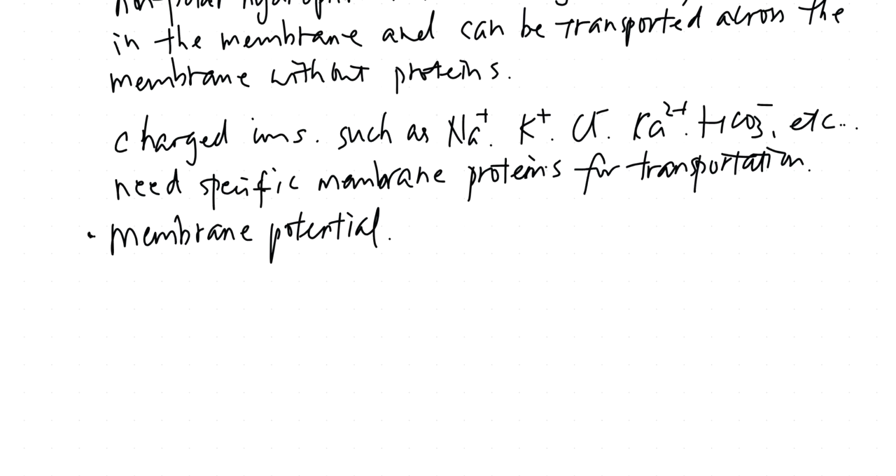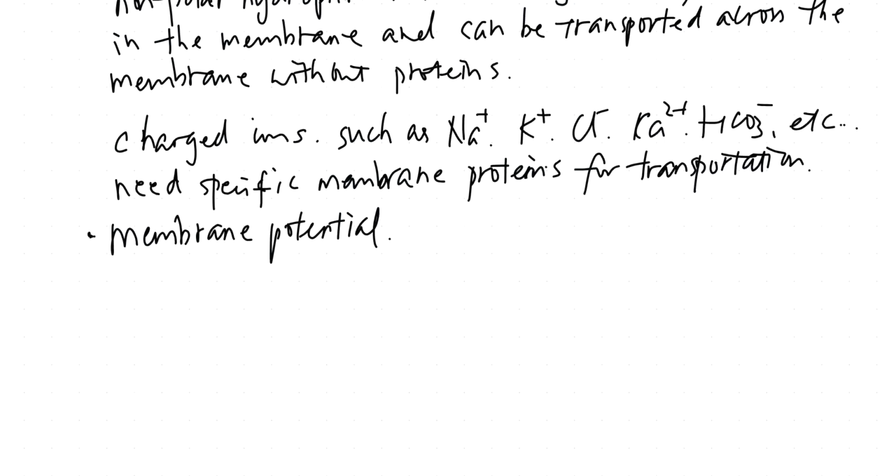Those lipids are not necessarily electroneutral. For some of them, about 10% or so, they are charged. And especially you have two layers, the inner layer, the layer that is facing the cytoplasm, some of the lipids are negatively charged.